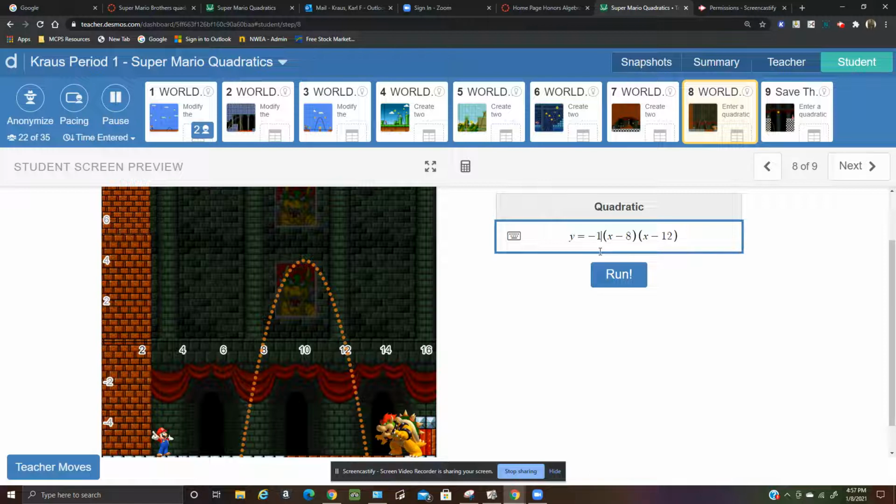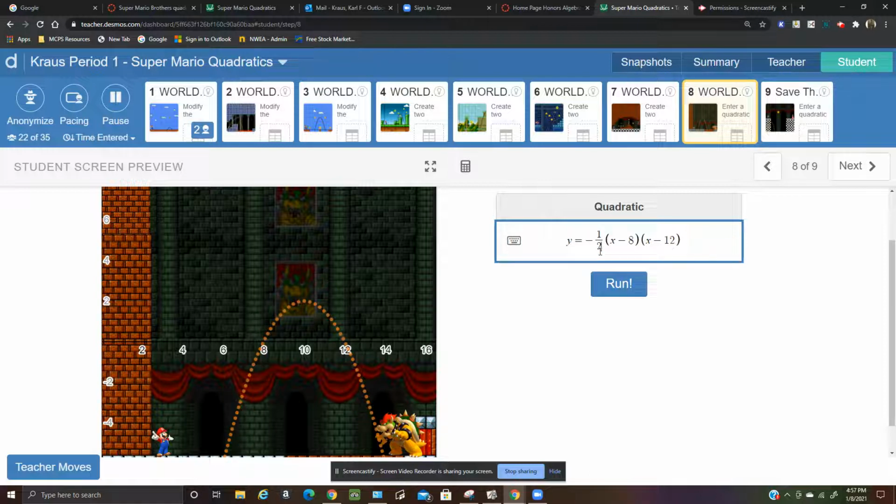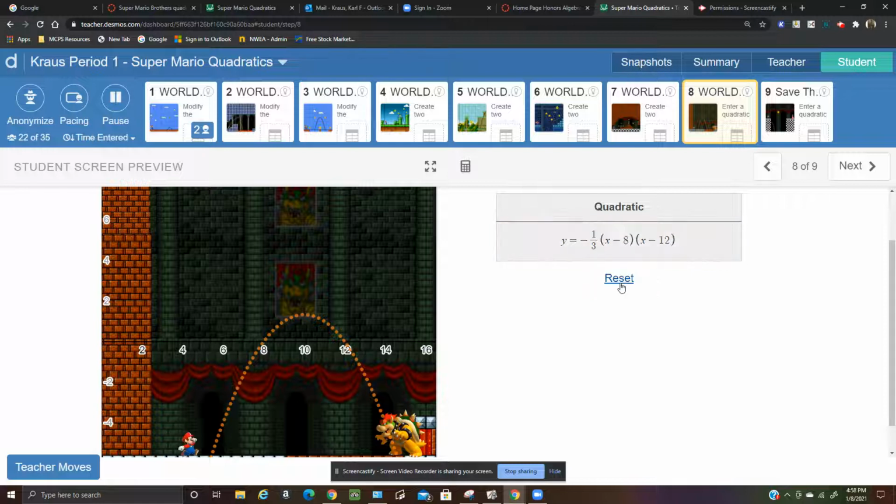So wider. I use the intercept form here.